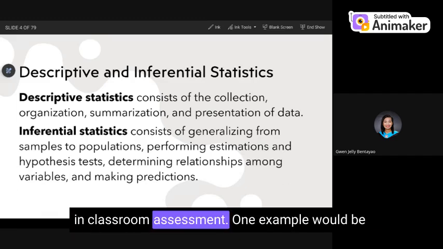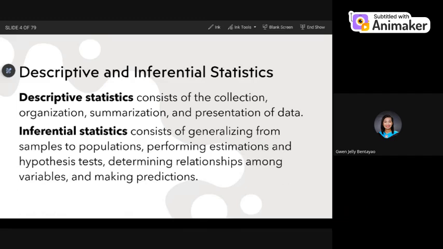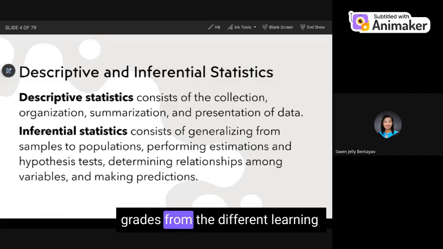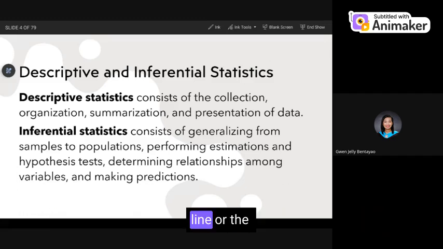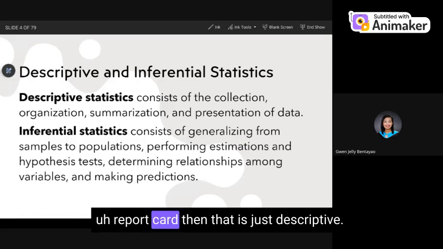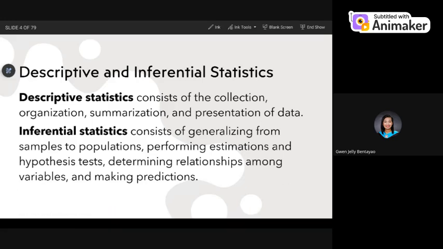In classroom assessment, one example would be if we gather all the grades from the different learning areas, and we put that into the school form 9 or the report card, then that is just descriptive.